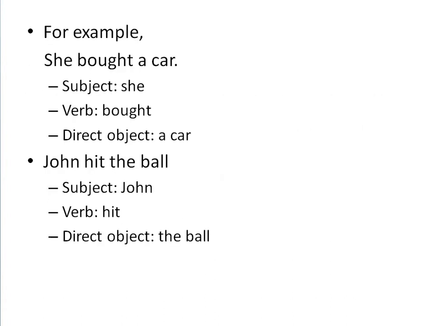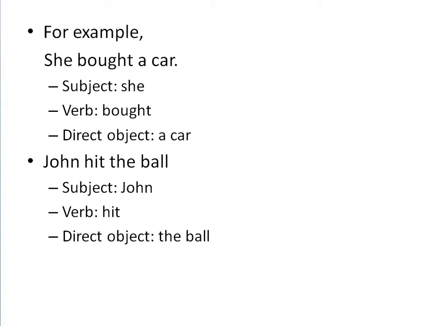For example, she bought a car. Here she is the subject, so it's a nominative case. Verb is bought and direct object is a car, so a car is the accusative case in grammar, or we can say the objective case.